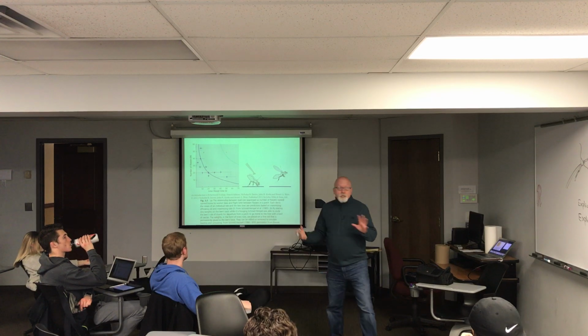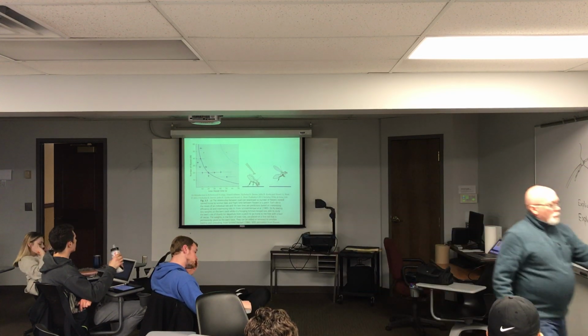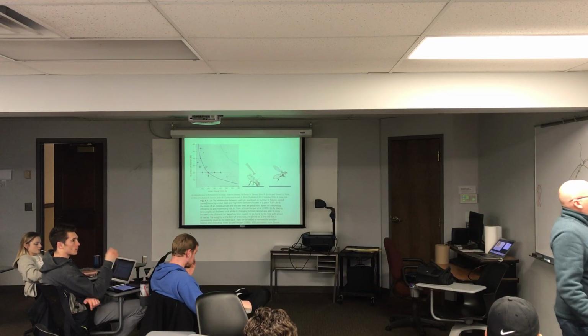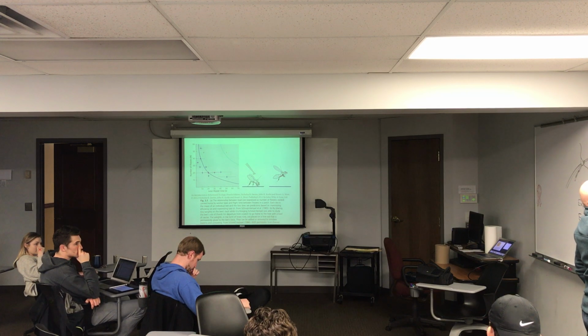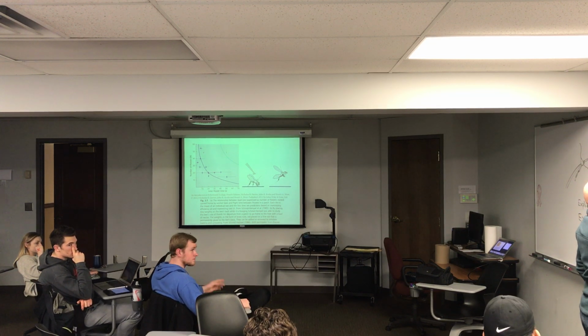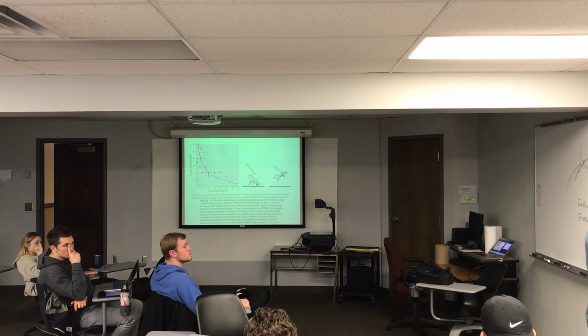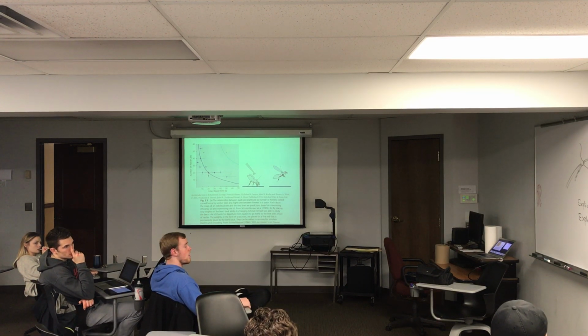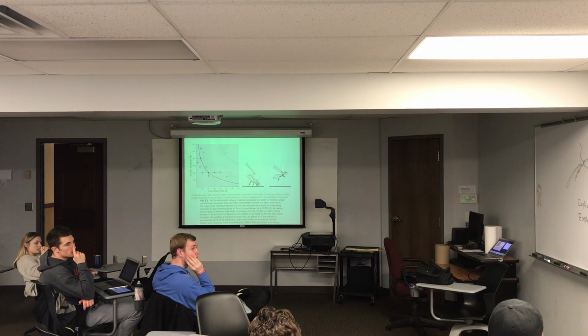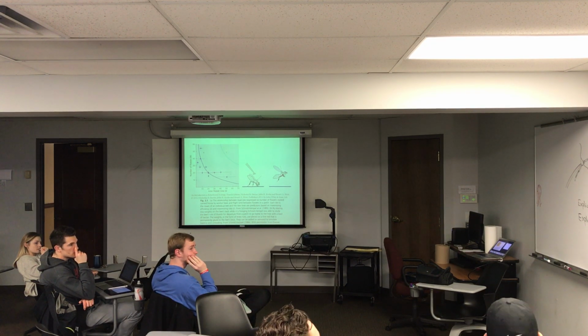So you could think of your flower garden as a patch of flowers, and then that's different from a patch of flowers over here, and you could think of this as interpatch distance.